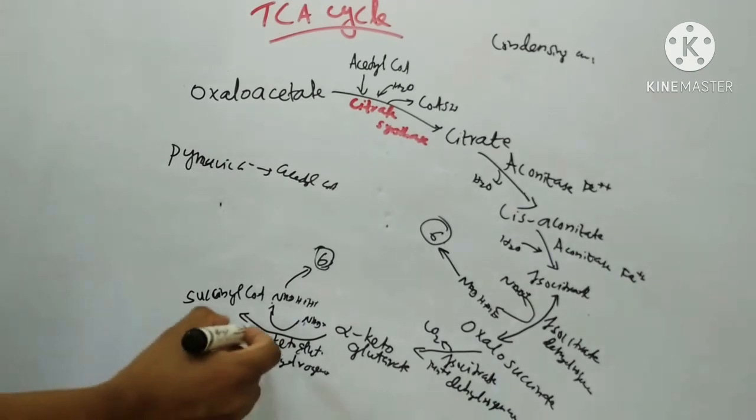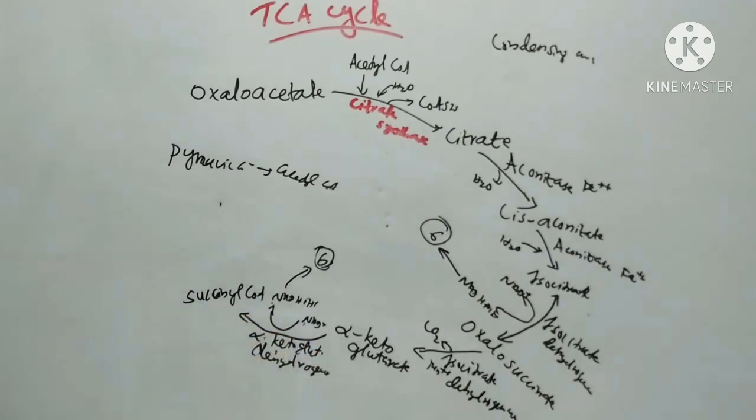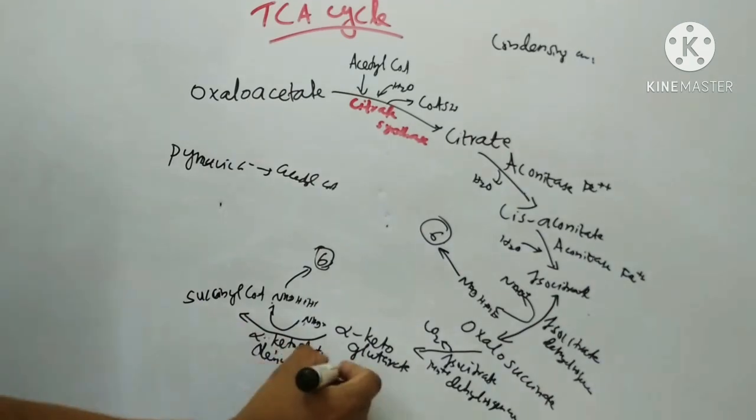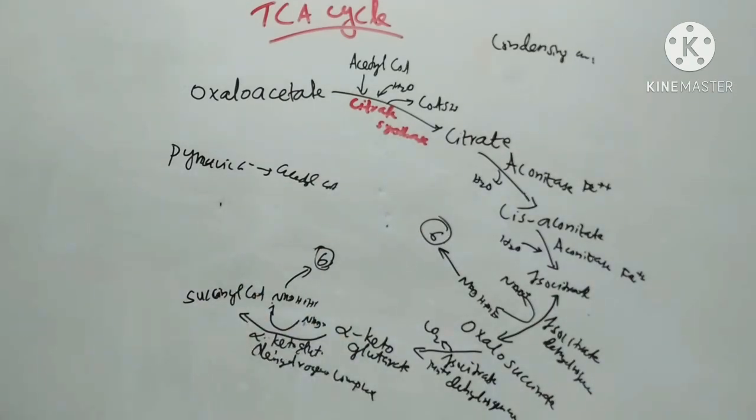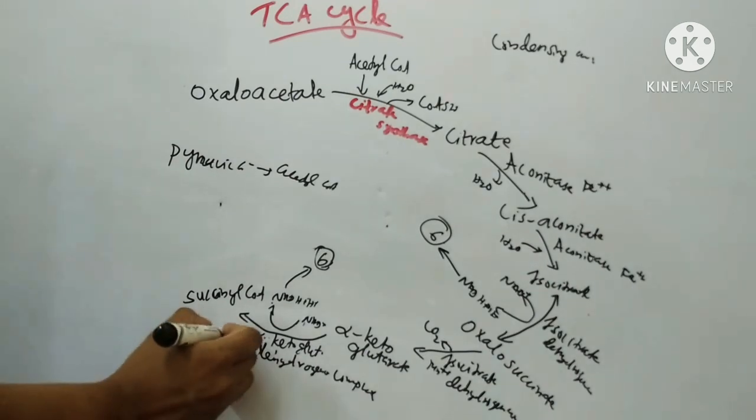Here the enzyme is alpha ketoglutarate dehydrogenase complex. It requires identical coenzymes and cofactors like TPP.